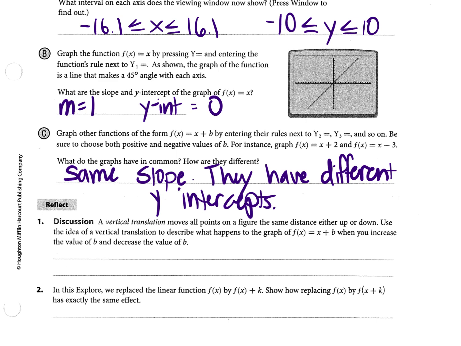A vertical translation moves all points on a figure the same distance, either up or down. Use the idea of a vertical translation to describe what happens to the graph of f of x equals x plus b when you increase the value of b and decrease the value of b.